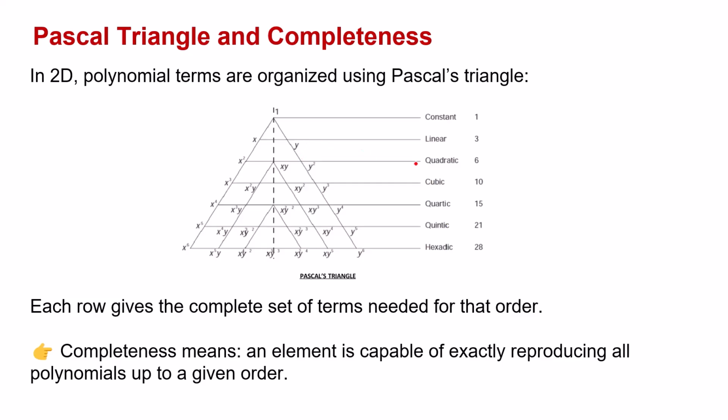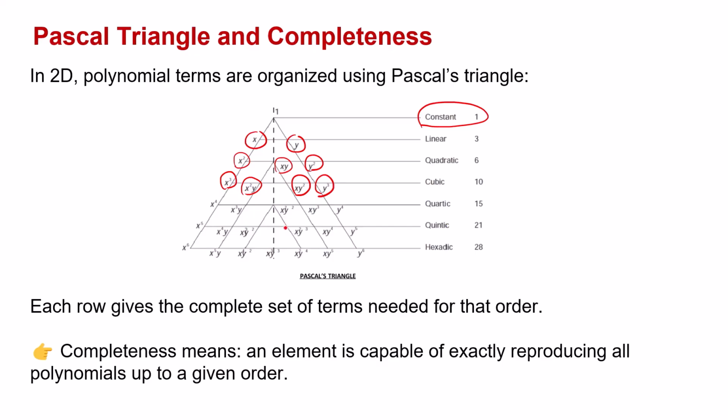For example, the first row corresponds to the constant term, as you can see here. The next row adds linear terms of x and y. And higher rows include quadratic, like x squared, xy, and y squared, cubic, like x cubed, x squared y, xy squared, and y cubed, and higher order terms.